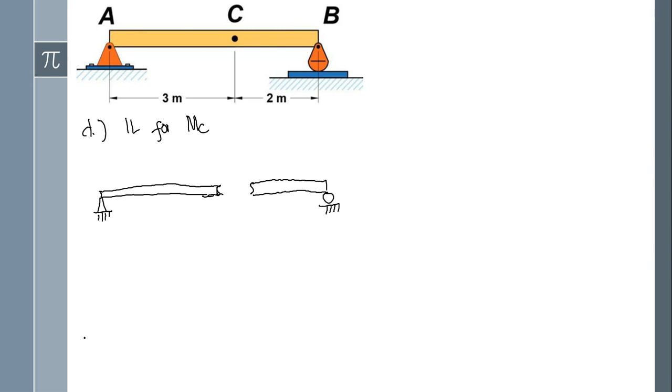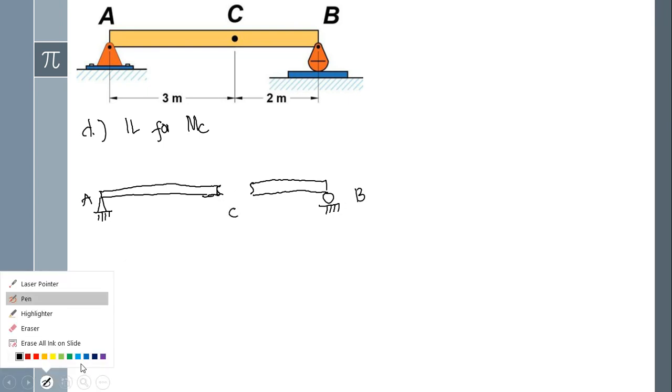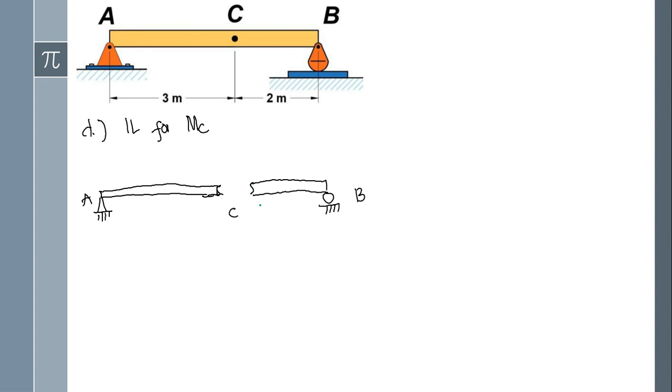So pag-cut nato dinha nga part sa A, B, and C, since we are asked to solve for the moment, unsa na ma-expose nato? Ma-expose ang moment mismo, di ba? So ma-expose si moment diha. Again, ingani ang convention, di ba?